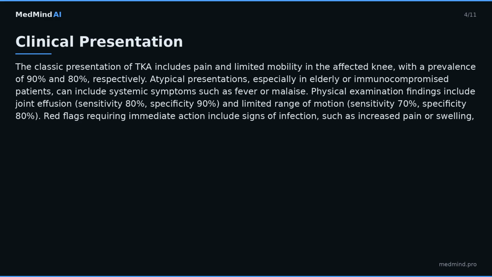Physical examination findings include joint effusion, sensitivity 80%, specificity 90%, and limited range of motion, sensitivity 70%, specificity 80%. Red flags requiring immediate action include signs of infection, such as increased pain or swelling, or neurovascular compromise. Symptom severity scoring systems, such as the KSS, can be used to assess knee function and pain.